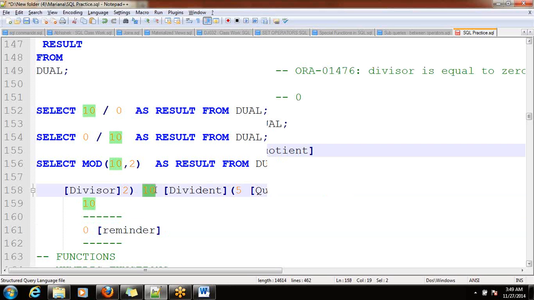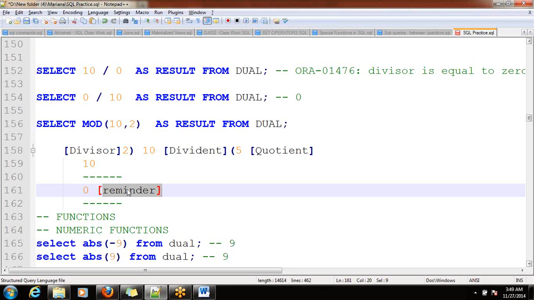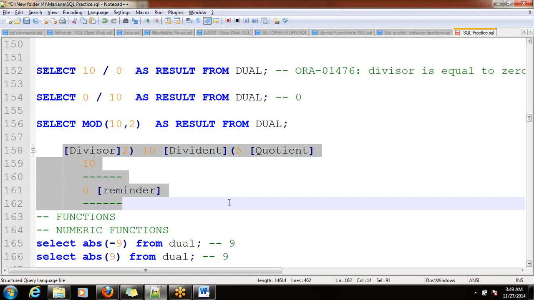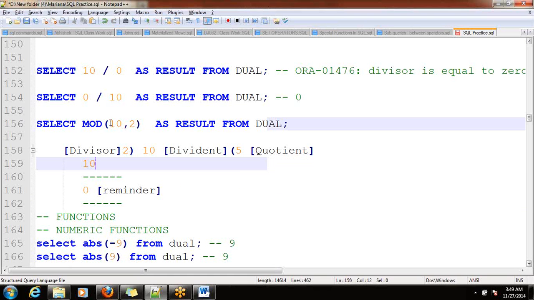I didn't know the English meaning of it because English is not my native language. Okay, that's fine. Is that clear now? Yes. So this is how we divide, and when 10 is divided by 2, the remainder is 0. Of course, that's basic mathematics. No problem, just a refresher.